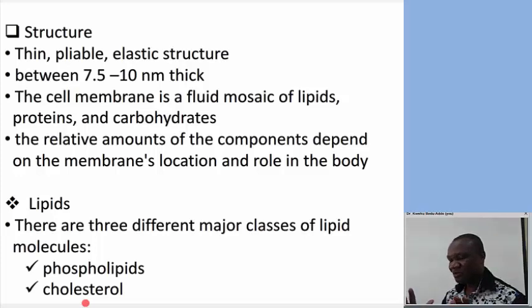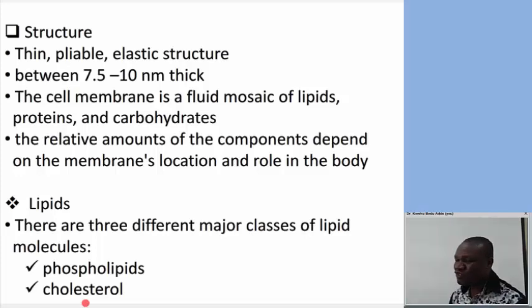Now we'll look at the components of the membrane. We said it's made up of lipids, proteins, and carbohydrates. First, the lipids. There are three major classes of lipid molecules in the cell membrane.